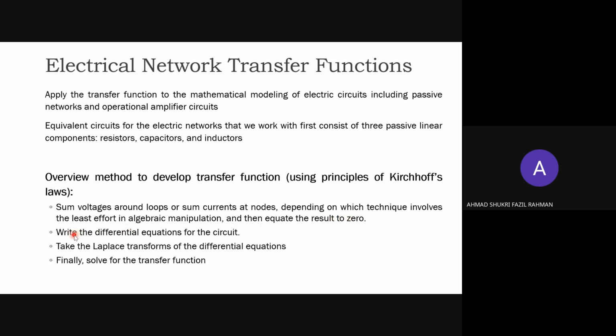From there, we write the differential equation of the circuit. Then for the second method, we take the Laplace transform of the differential equation. We transform the equation from the previous step into Laplace transform, and then finally we manipulate it in order to find the transfer function.